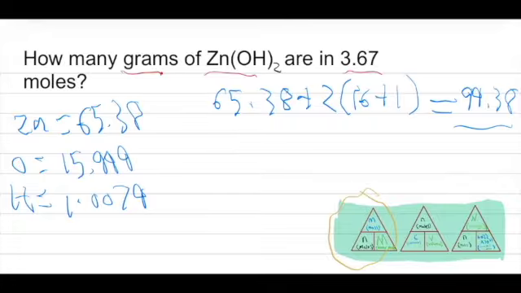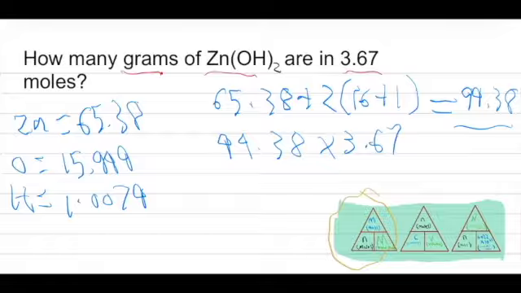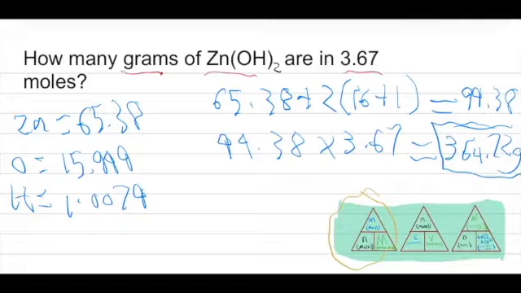So now we simply have to multiply it with the moles to find the mass. 99.38 times 3.67 moles. That will give us the mass, which is 364.72 grams. There is your answer.